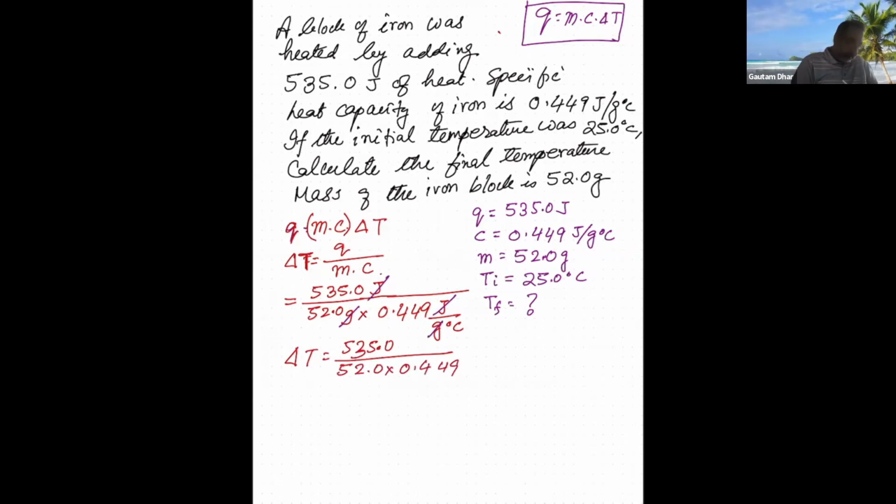And see the degree C here? That's my unit. If it is in the denominator, it goes up. If I multiply both sides by degree C, the degree C cancels out and you're left with degree C. So my unit is actually degree C.